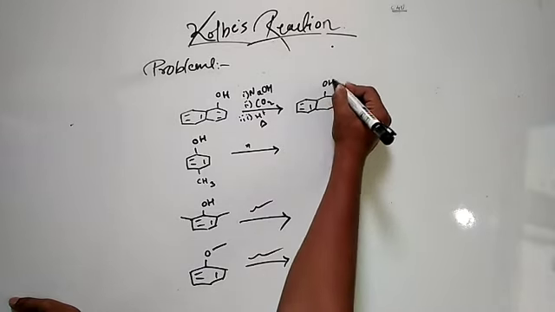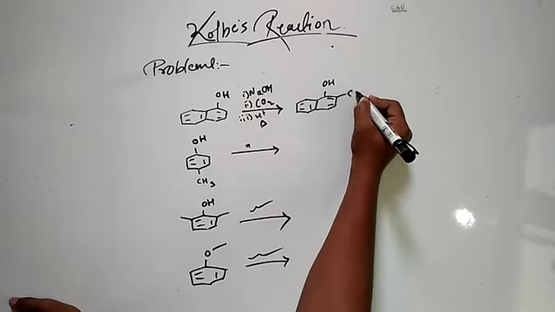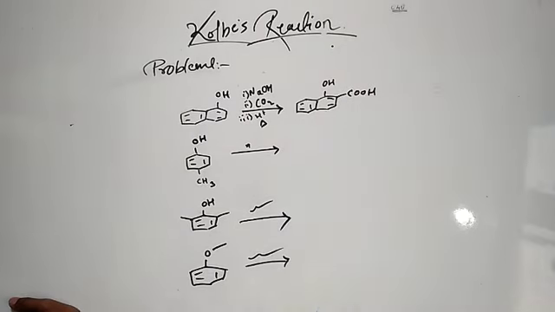So here is OH. I don't think there is a need to explain the mechanism. If you didn't get the mechanism, go back and watch the mechanism again. I hope it's easy to understand, and it's explained in the easiest way I can.